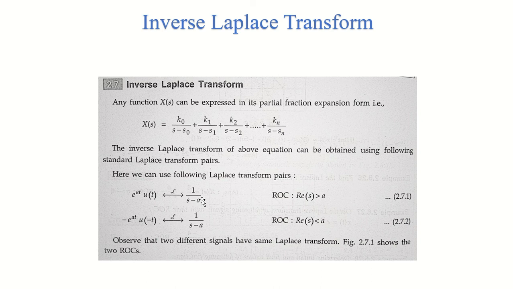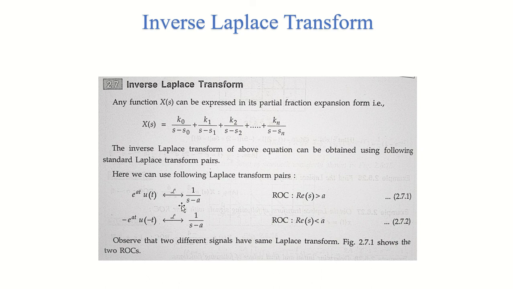Now again, to find the region of convergence, you perform the same exercise. In order to make it infinity, your s should be equal to a, right? So you will make sure that thing will not happen, because if such a thing happens, then your Laplace transform will not converge.